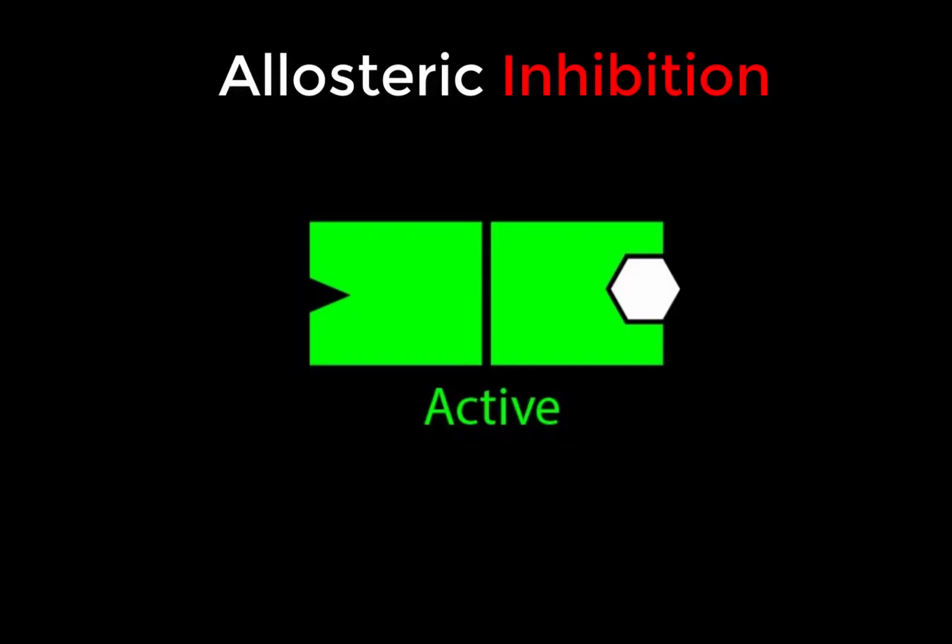There are two different types of allosteric regulation. One is called allosteric inhibition, and the other is allosteric activation. And we will explore how inhibition works first. So the idea is that we have two different binding sites in an enzyme. One is the active site, and one is a spatially distinct binding site known as the allosteric site.